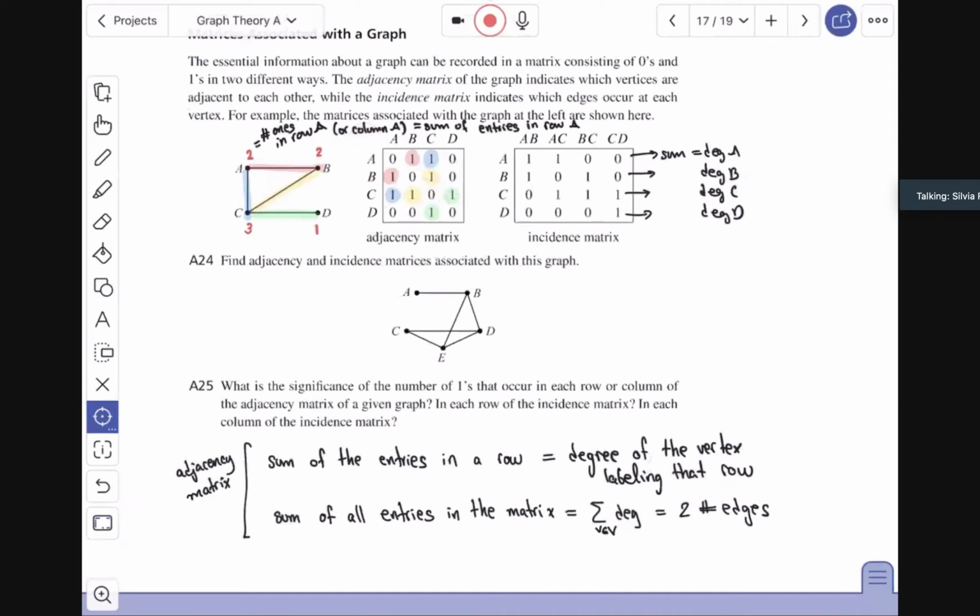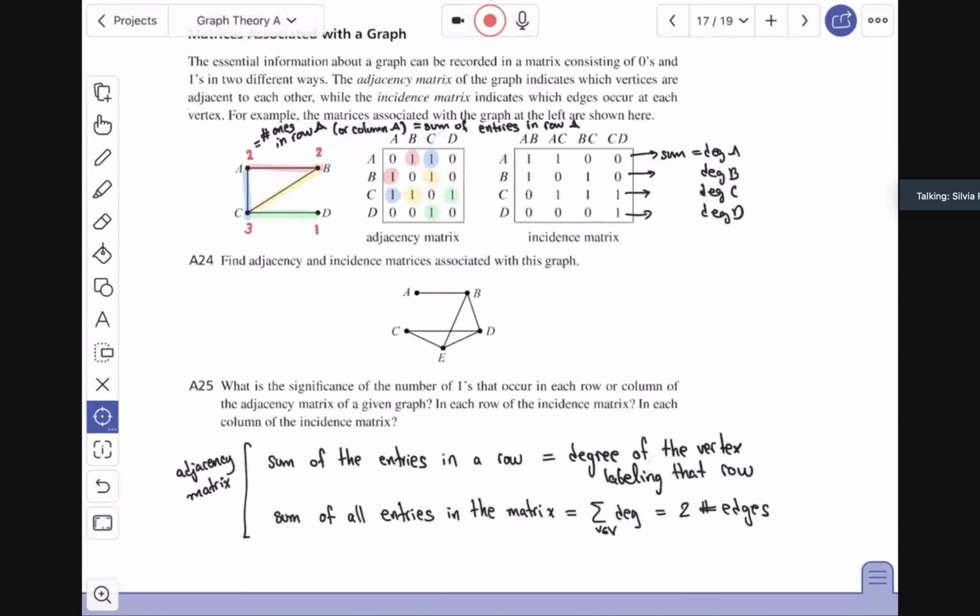Anyways. So later on, you'll see we'll use the adjacency matrix, for example. We talked about paths, right? You can count the number of paths that go from A to B, or from A to C or things like that. We will be able to count those by raising this matrix to a certain power.